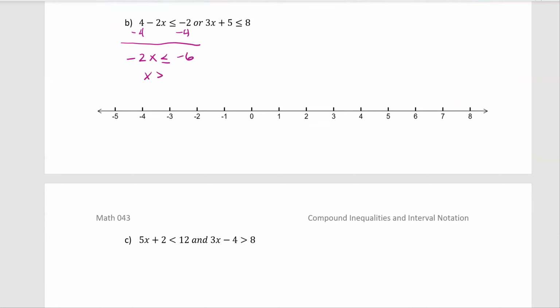Divide both sides by negative 2, reverse the inequality sign. Graph them on a number line.